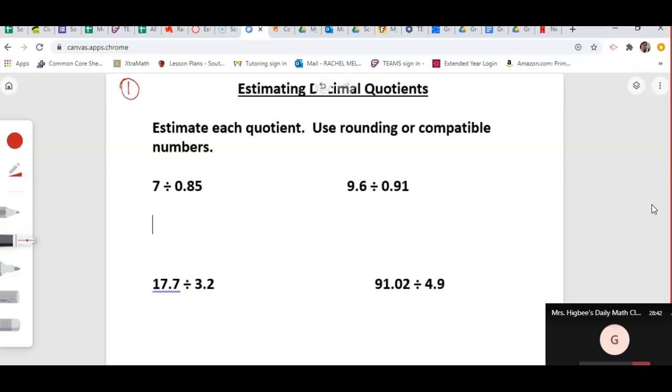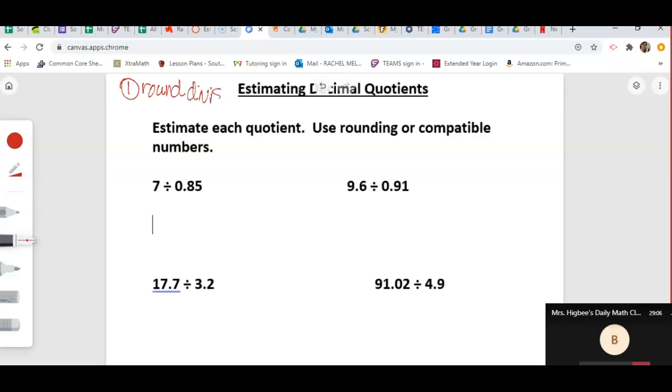Okay. So, raising your digital hand, who can tell me what the first step in estimating decimal quotients is? Ooh, got a lot of hands. All right, Brandon, what's my first step? Very good. Yes. Yeah, you're right. That's divisor.